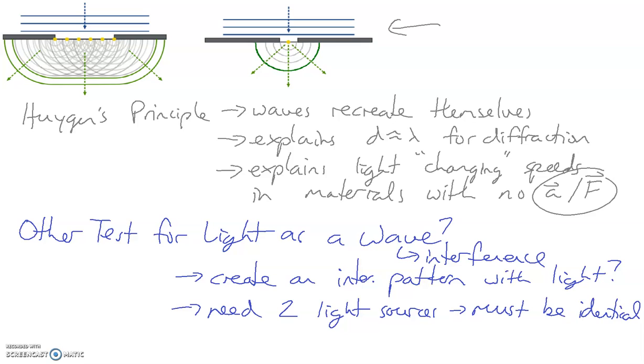Well, they thought about it and they figured out, well, you could actually do this if Huygens' principle was actually right. So to do this, you could actually use Huygens' principle. Because if light recreates itself, instead of taking a diagram like this, you have a big wide opening, if you shrink it down like this guy, you get a point source.